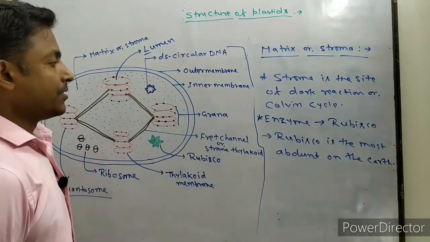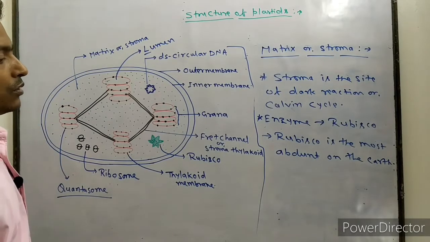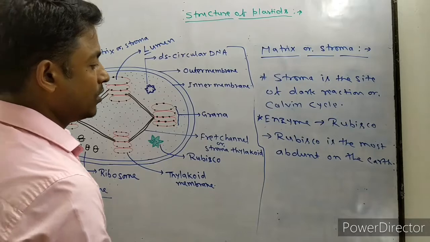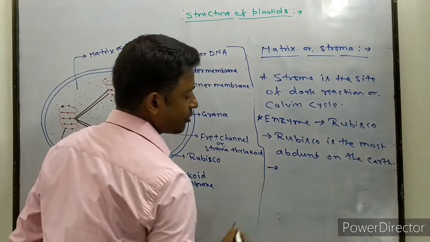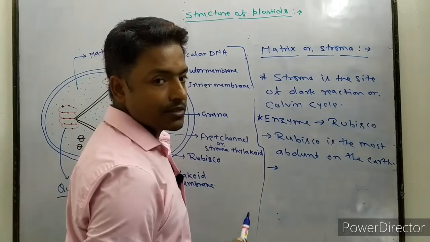What is the function of Rubisco? Rubisco performs dark reactions or the Calvin cycle.